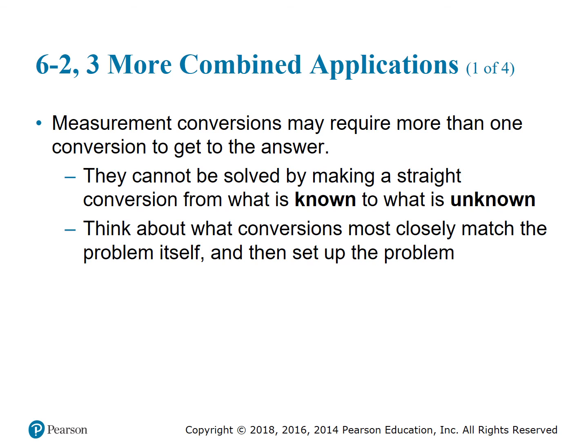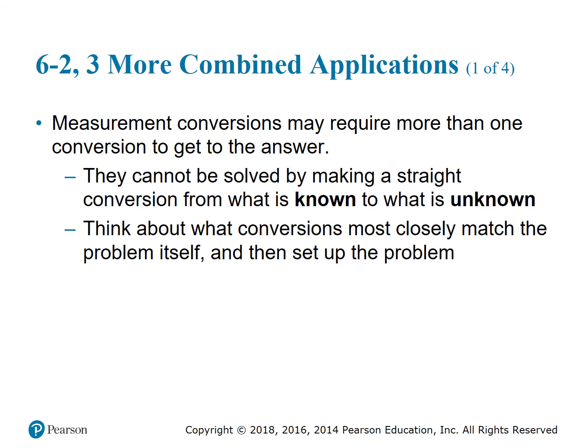Sometimes measurement conversions require more than one conversion to get to the answer. These problems can't be solved by just making a straight conversion from what is known to what is unknown in the proportions that we've been setting up. So far, we've been performing straight conversions, all right?